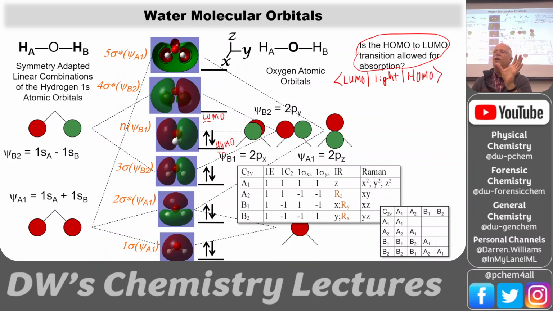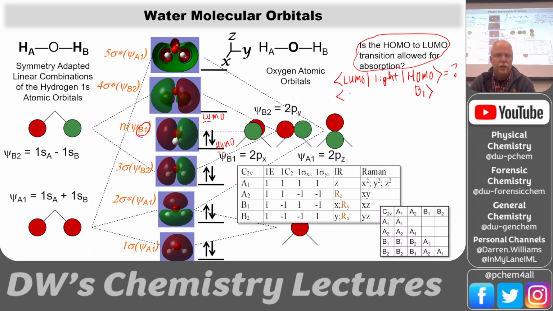And so we would have two wave functions and light coming into this molecule. Let's look at this. We'll put the symmetries in there. Here we have B1 for the HOMO. We want to know what this equals in terms of symmetry, whether it equals zero or non-zero.